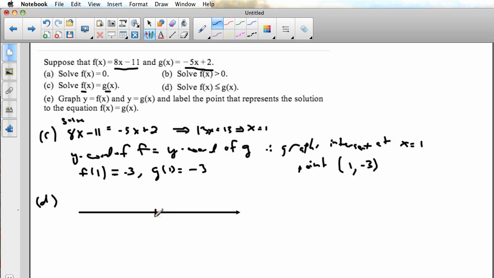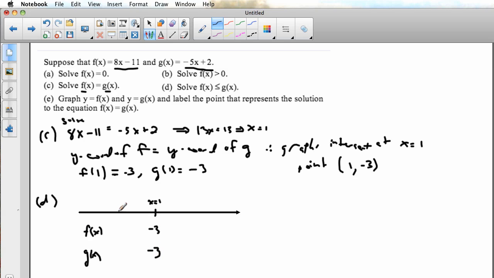At x equals 1, I know the value of f of x, well, let me erase that real quick and give myself enough room above this, so let me write my numbers above it. So when x equals 1, f of x equals negative 3 and g of x equals negative 3. So I'm just going to write those there, just making a little table.